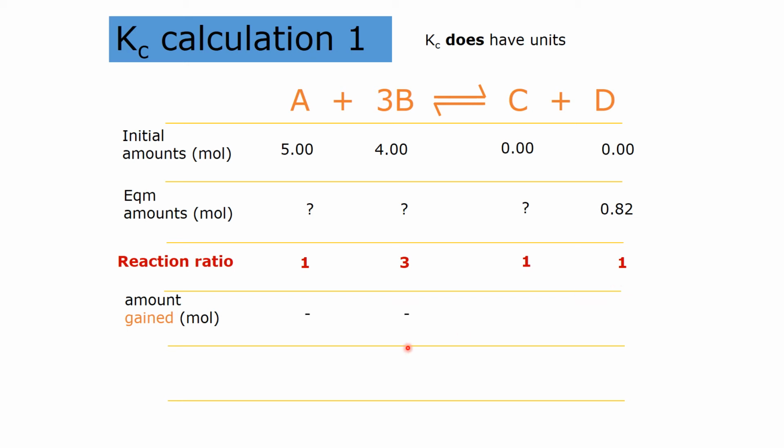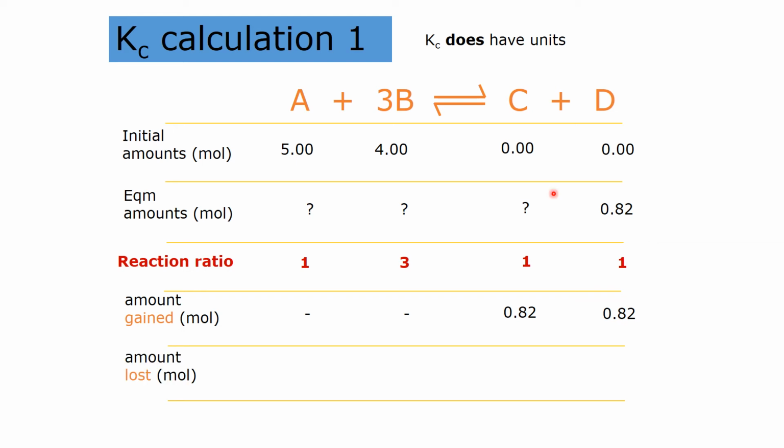So we can't say anything about A and B because they're not going to have gained any number of moles. In fact, they will have lost moles because they've reacted together to form C and D. So that will be 0.82 moles of C and 0.82 moles of D, because we're told that in the question and that each of these are in the same molar ratio.